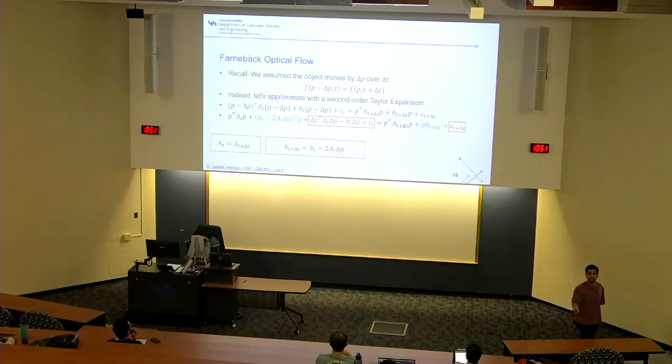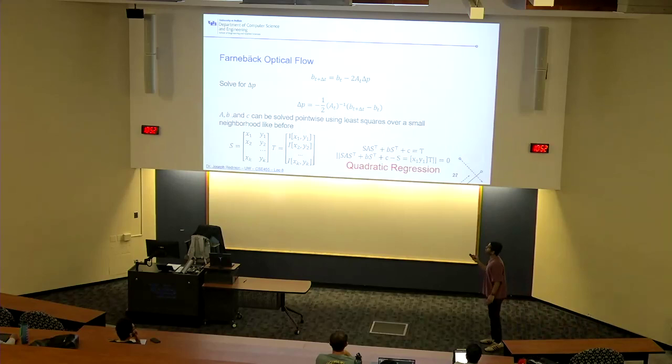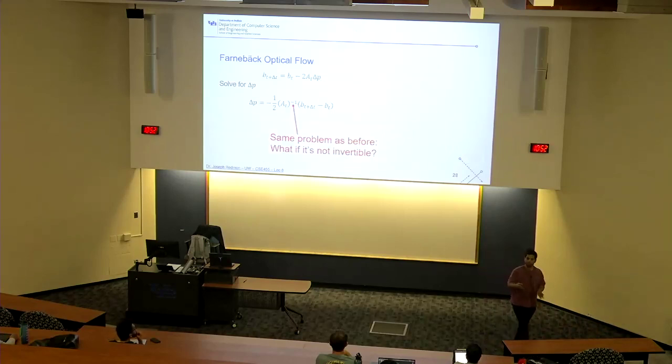That would only be true if the contents of the initial frame and the subsequent frame were the same. But for our problem statement, that's not true, right? Because we're trying to find movement, which means the content in both of those frames has to have changed or there wouldn't be any flow.